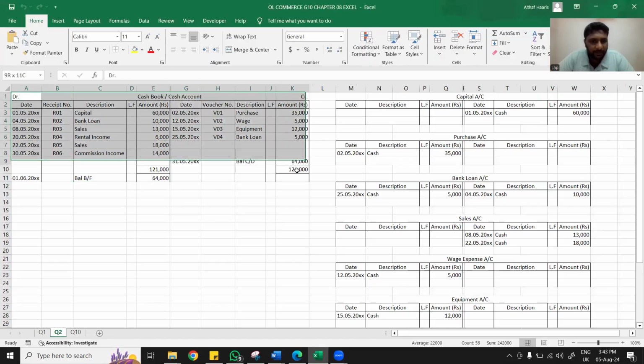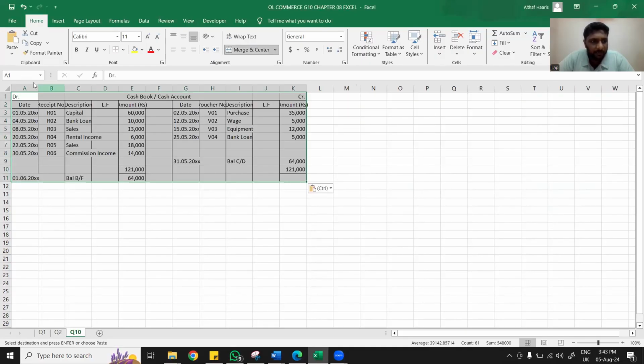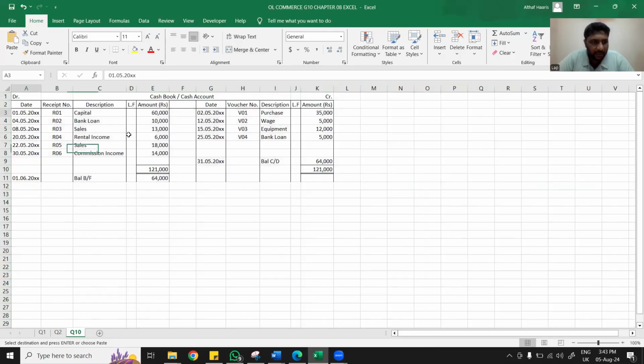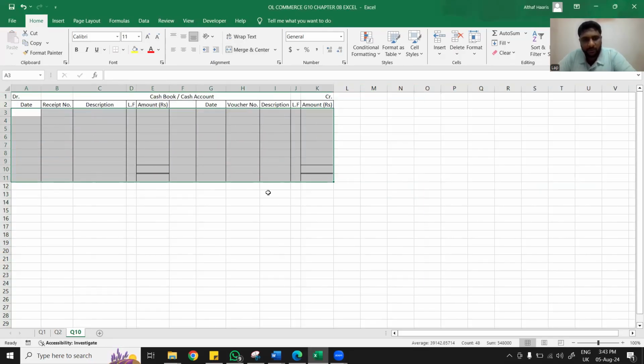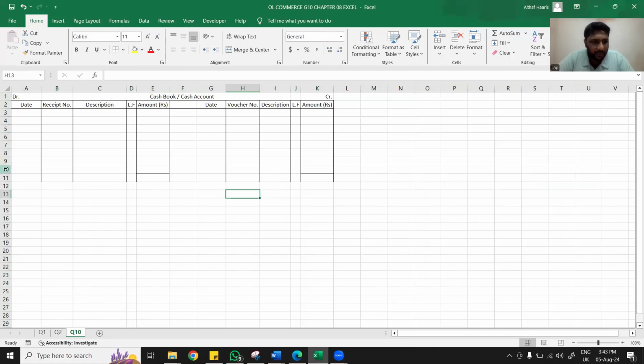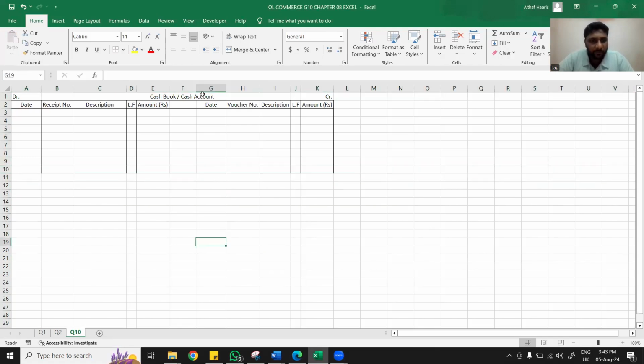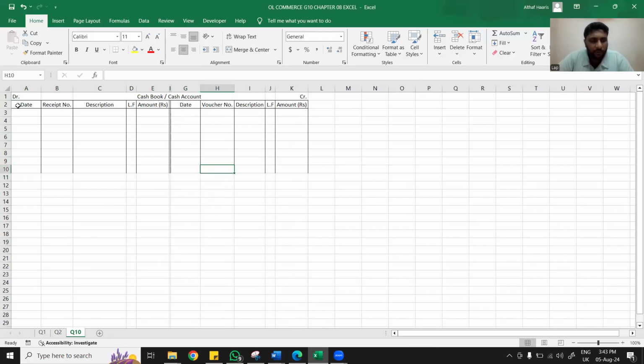Now in this question, when you are preparing the cash book, there is a small change in the format. Look at the change carefully. In the general cash book we prepared, we had the date, receipt number, description, ledger folio, and the amount.